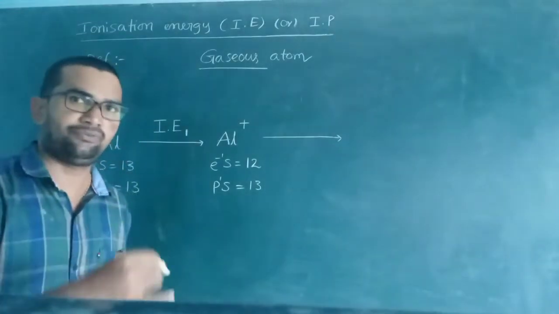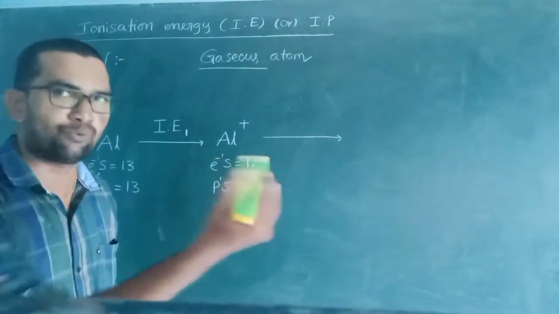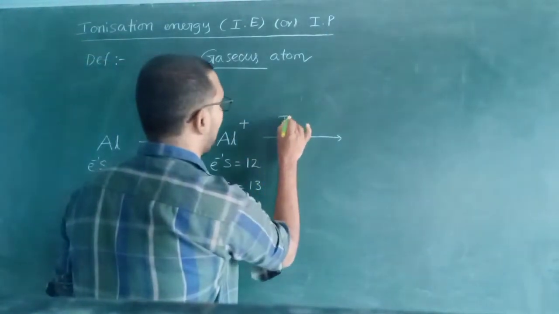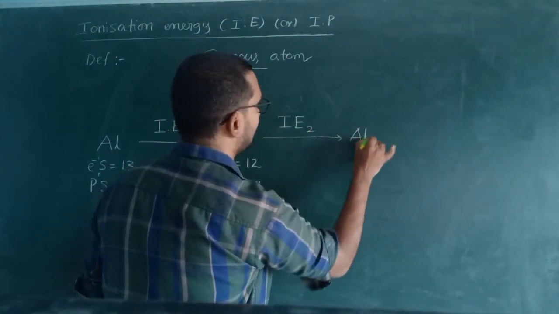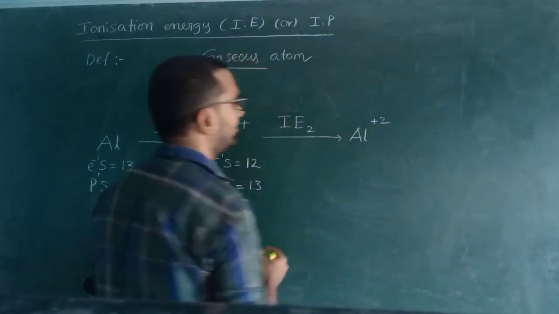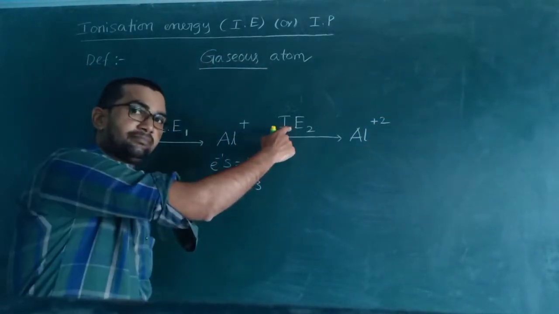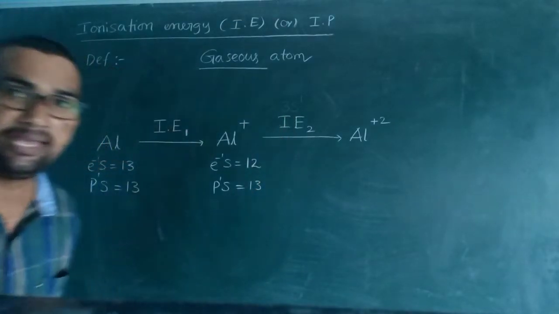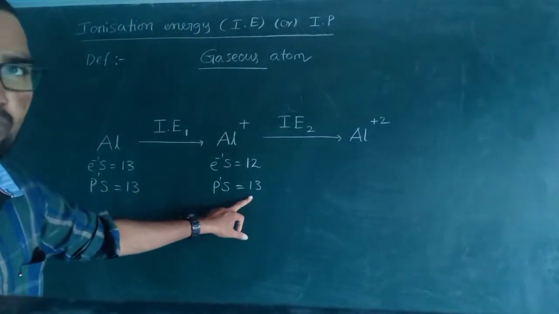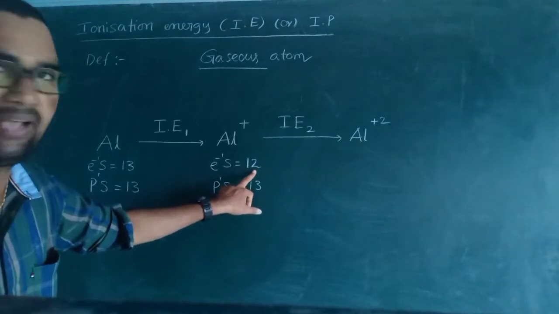Now you try to remove one more electron, that is IE2. Then Al+ is converted to Al2+. This IE2 is much greater than IE1. Why? Because the number of protons is greater than the number of electrons.